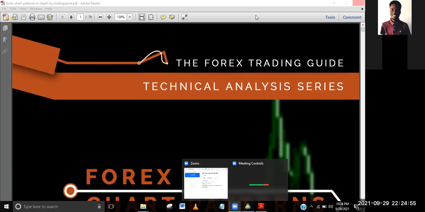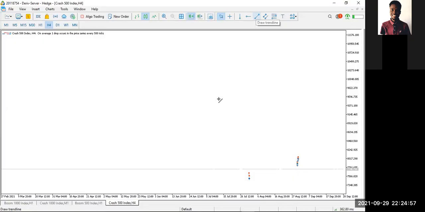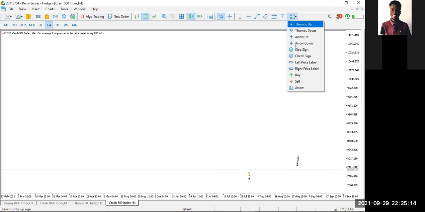The first pattern we'll be looking at tonight is the symmetrical triangle. It can be bullish or bearish. It's just a triangle, just like it's called. Let me see if I can get something from our shapes.